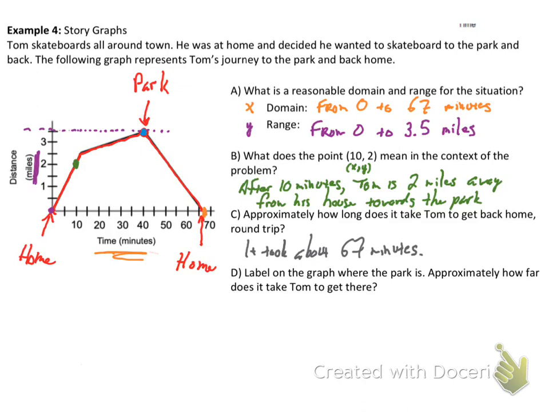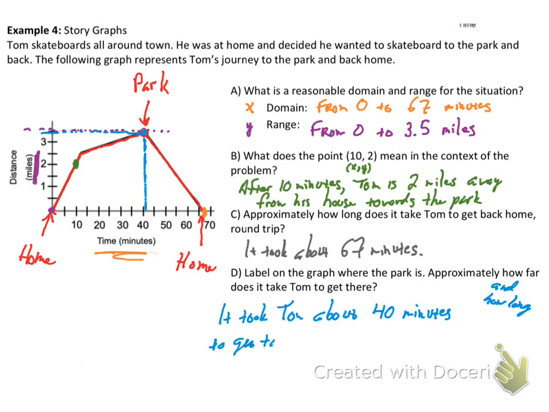Approximately how far does it take Tom to get there? So I'm going to rewrite this question. Actually, how far and how long did it take Tom to get there? Well, if I'm going to just draw this down, and draw this across just so I can see, it took Tom about, if I look at the x-axis, about 40 minutes to get to the park.